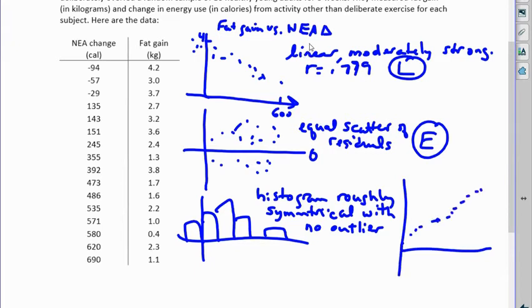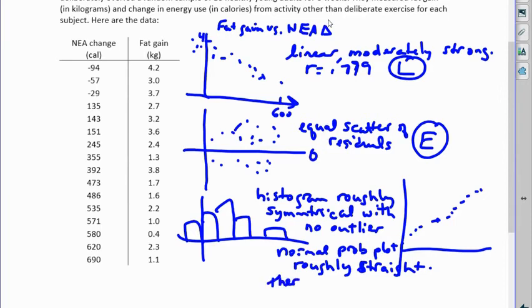And our normal probability plot, again, we try to do a little drawing. I haven't done a good job with putting the scale, but you would want to have a scale. That's roughly straight enough.